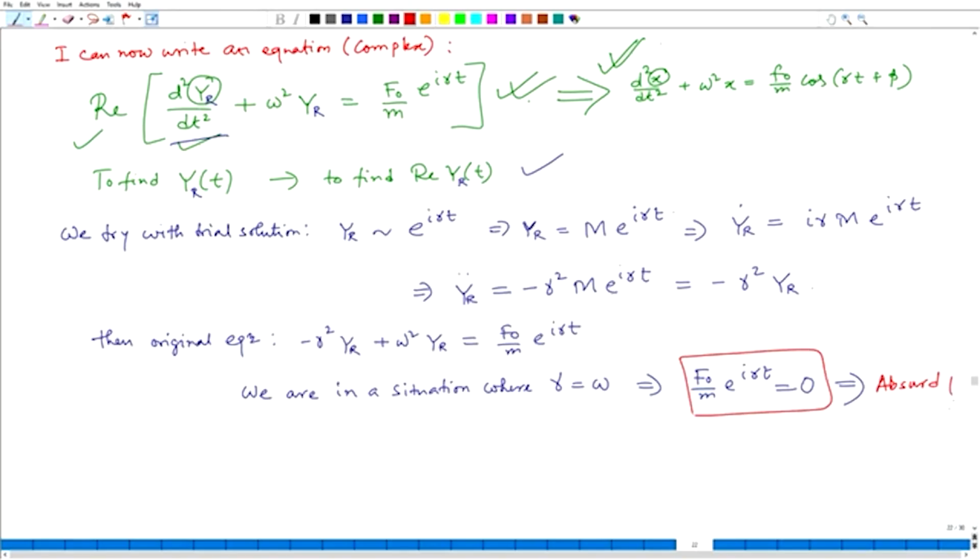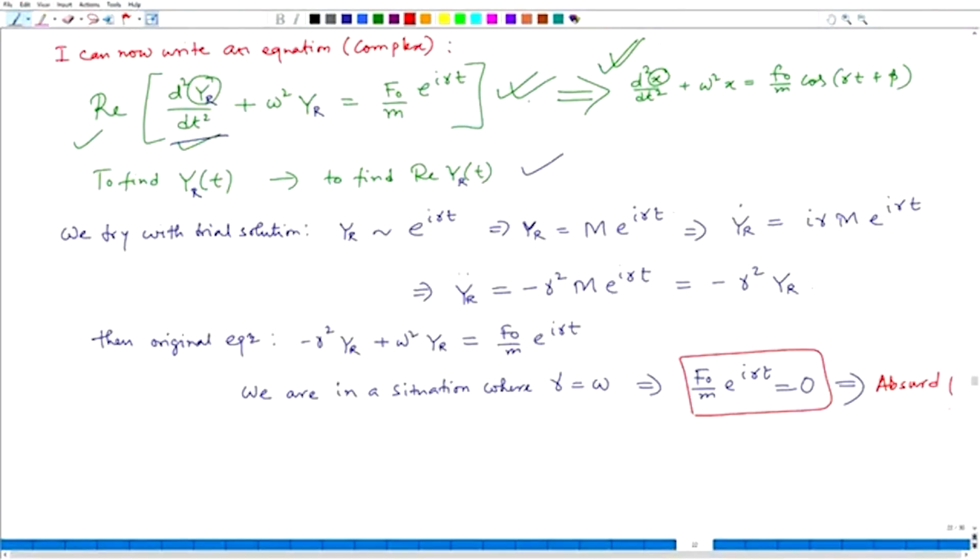Because the forcing is the thing which is existing, and we are trying to find the distinction between a forced system and an unforced system. So, this is absurd. That means this trial solution will not work.